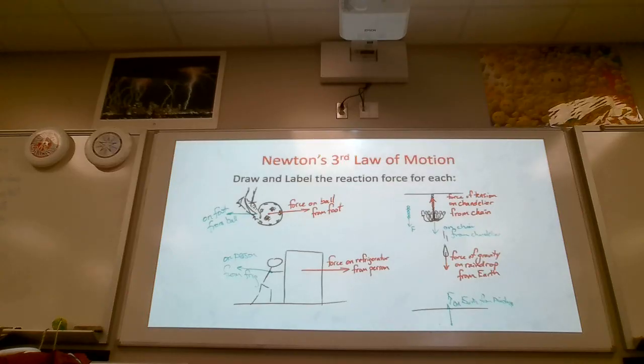Some people might have posed at this point in the lesson, what happens if we got everybody on Earth together in the state of Indiana, and we all jumped at the same time? Could we alter Earth's orbit or rotation or something?